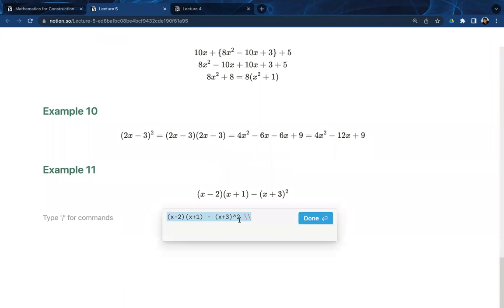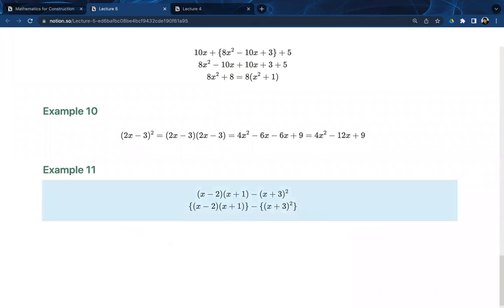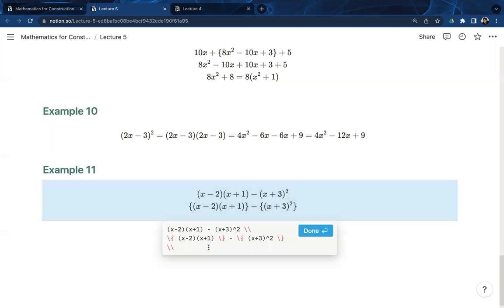Okay. So basically, you have something like this, where you have curly brackets around everything. Now, the left-hand expression inside curly brackets, you want to multiply that out.